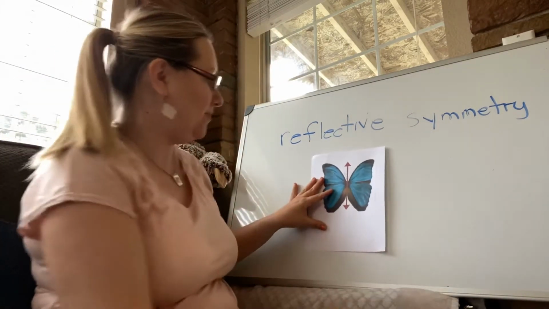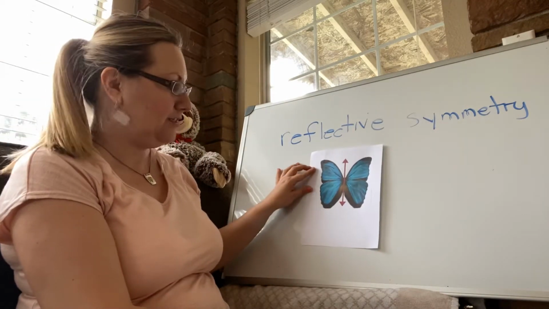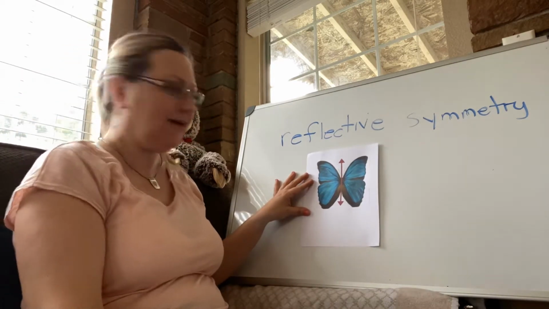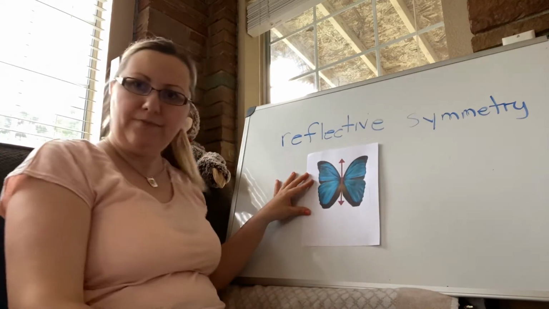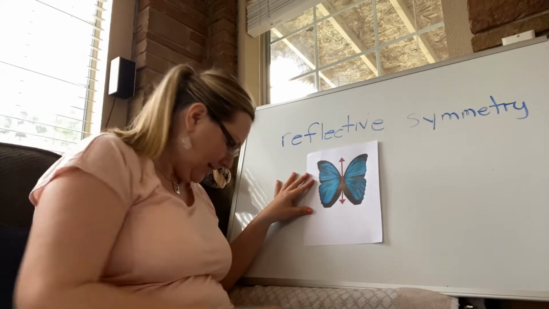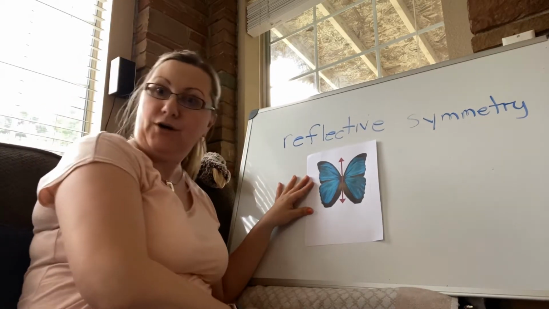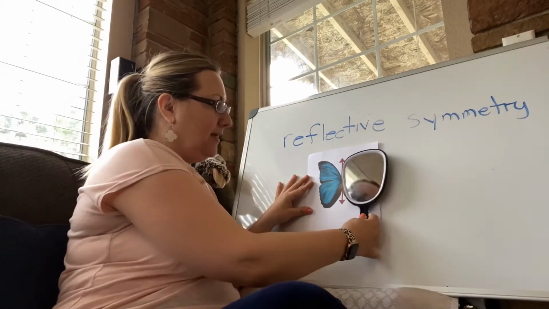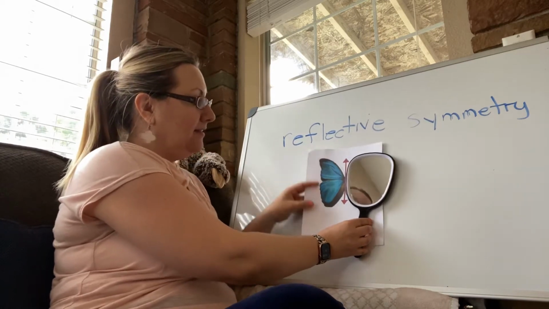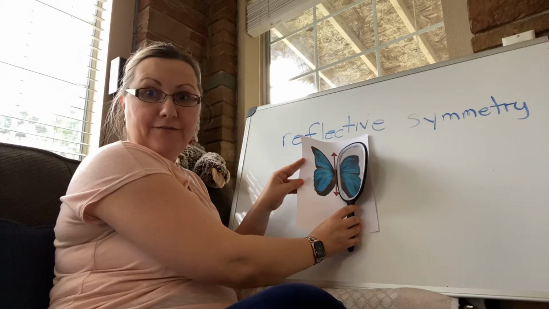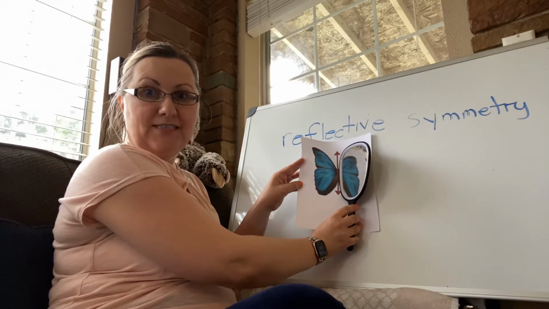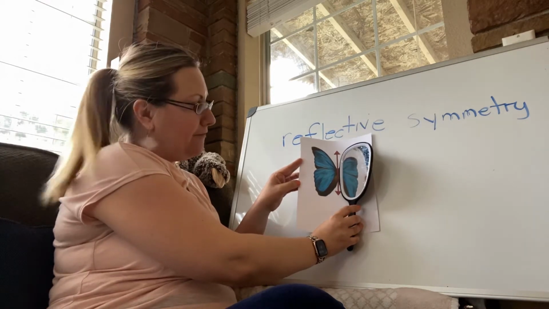Let me show you what I wanted to show you. So here I have this picture of a gorgeous butterfly. And you can see that this butterfly is split right down the middle. And what I want to show you about reflective symmetry is that when you take a mirror or a reflection of something, and let's say I cover up the right side of this butterfly, and then I show you the butterfly in the mirror, the other side of its reflection, you can see that it looks like it completes the butterfly, right?